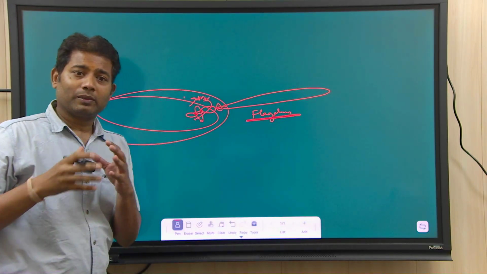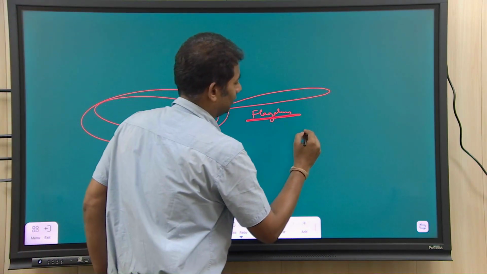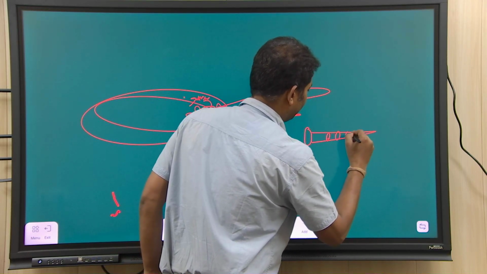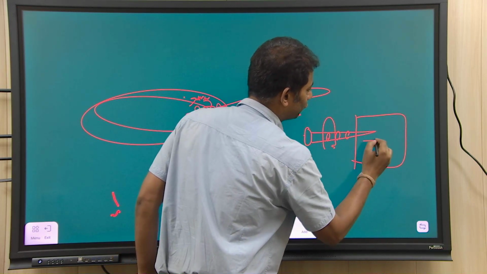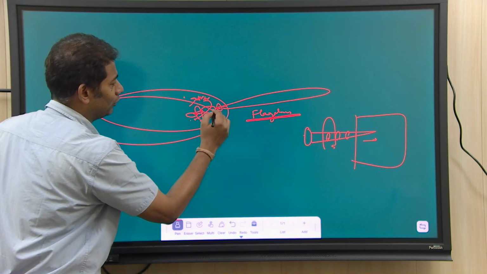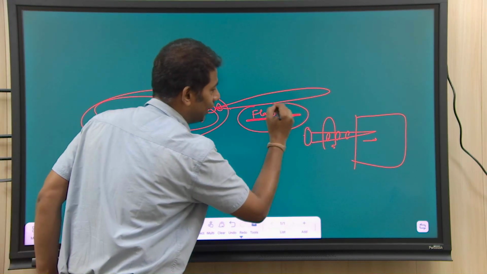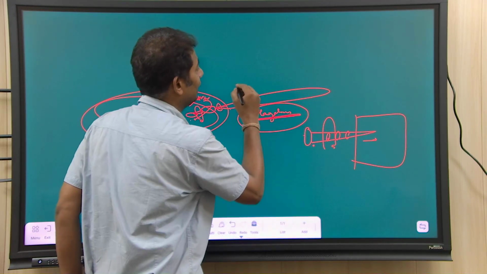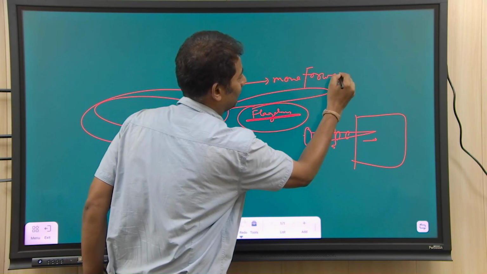We can conceptualize it by a screw. When we rotate this screw clockwise, it moves forward, and when protons pass through this ATPase molecule, it rotates, and the linked flagellum rotates like a screw. What will happen? The bacteria will move forward.